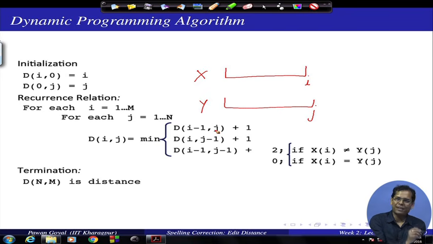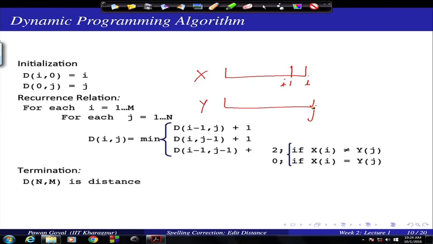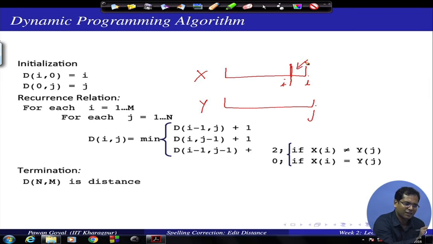I want to use di minus 1 j. So what is di minus 1 j? This is the distance between x i minus 1 characters and yj, and suppose we have already computed that, the minimum cost between x i minus 1 characters and yj characters. Now how do I use it to find the minimum possible distance between xi and yj? For the i characters in x, I can do a deletion.